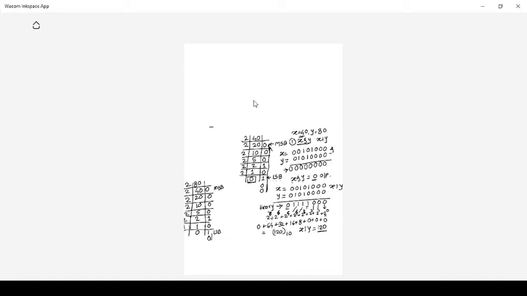Now we want to perform the next operation, the exclusive OR operation. Again we have x as 0 0 1 0 1 0 0 0, and for y we have 0 1 0 1 0 0 0, and we want to perform the exclusive OR.